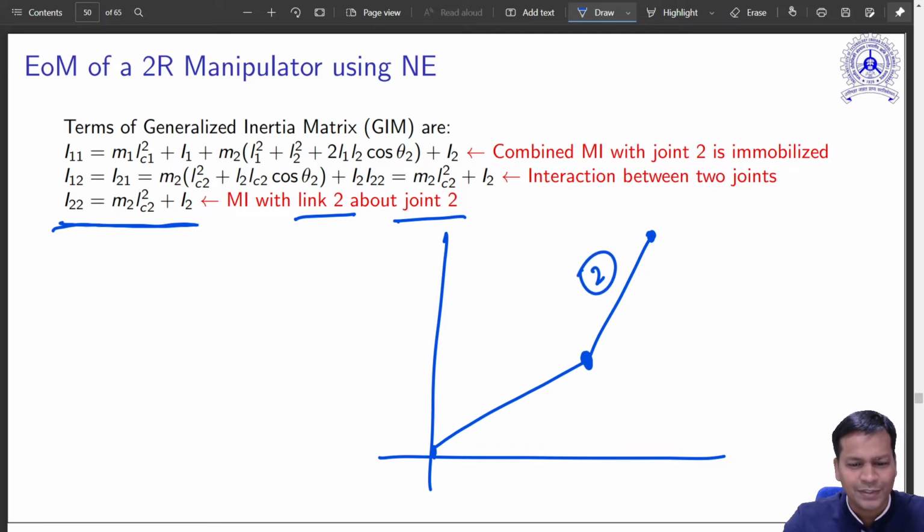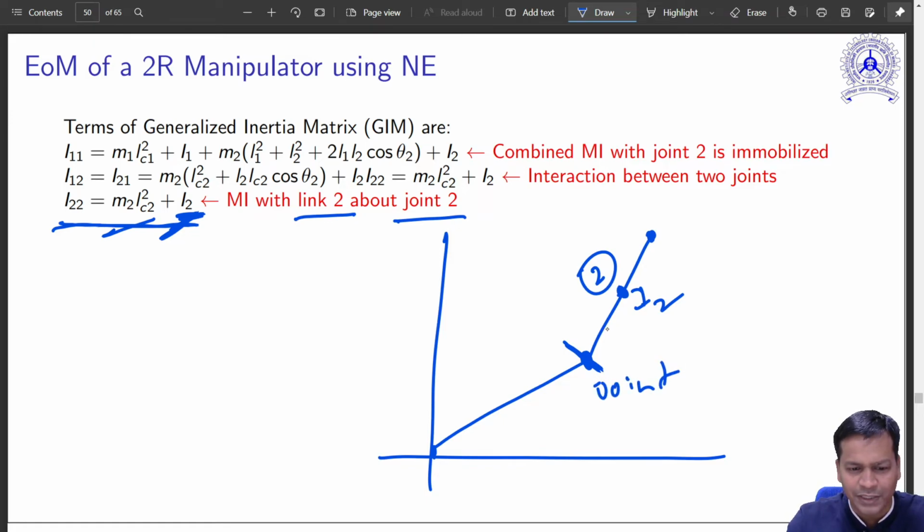So that is what it is. M2 LC2 square plus I2. I2 is nothing but the moment of inertia about its center of mass. So what is the moment of inertia about this? About joint 2. This is joint 2.